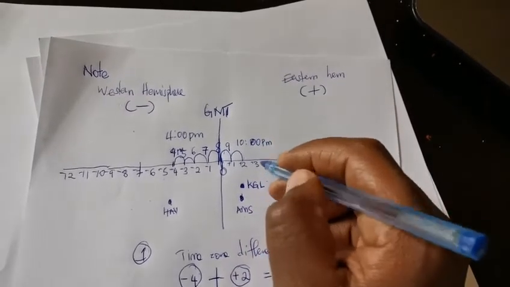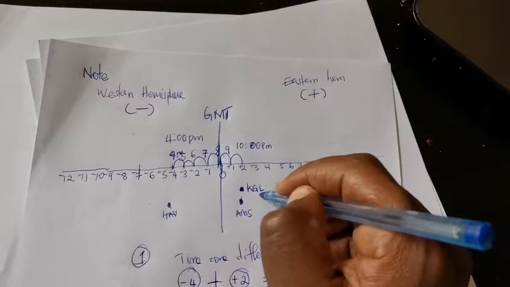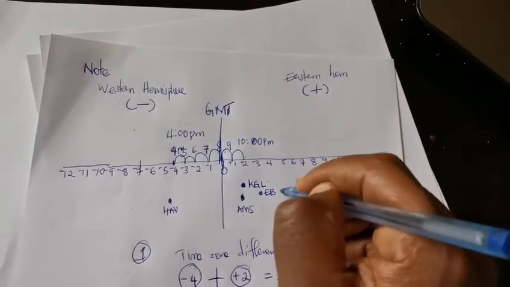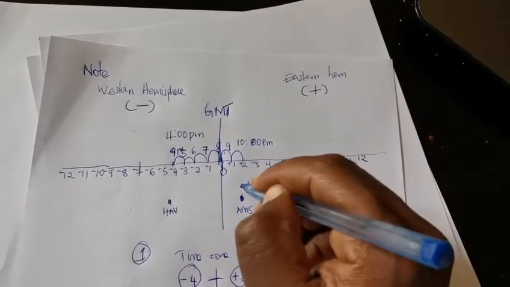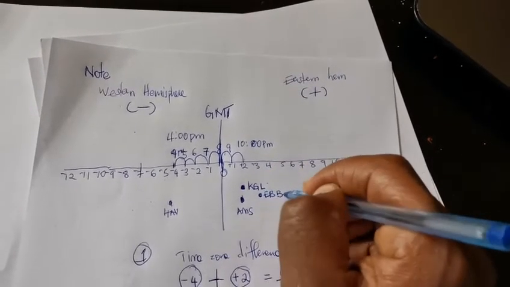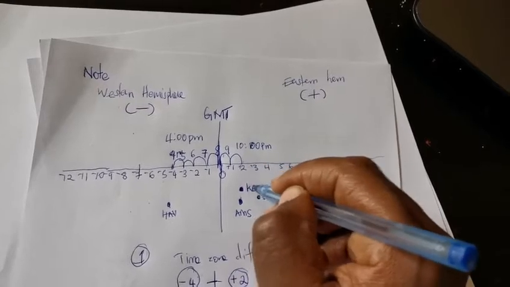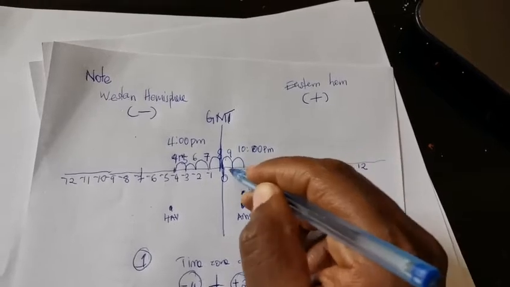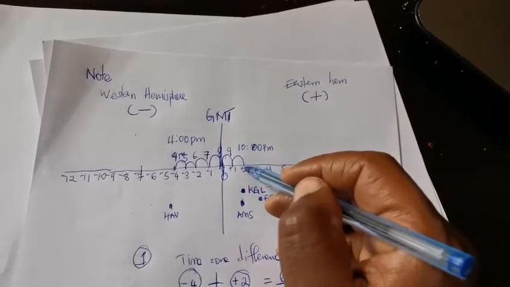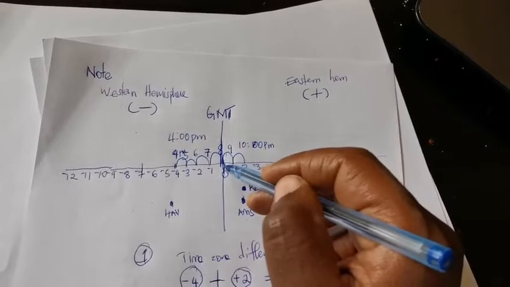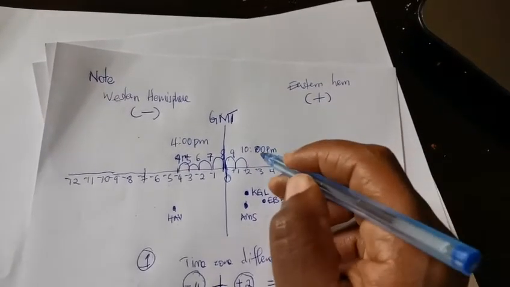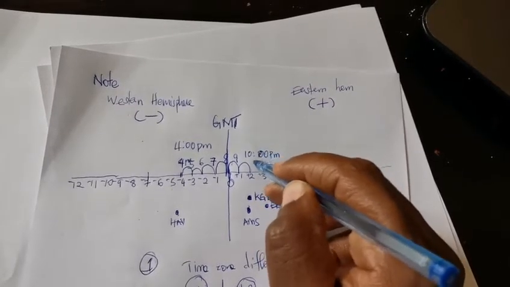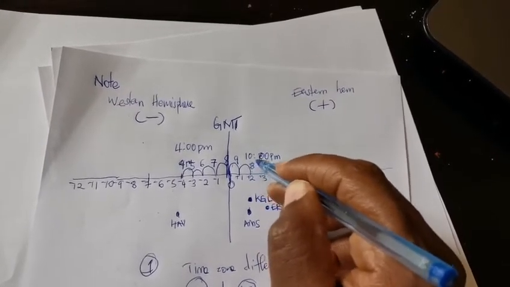The one for EBB is +3, meaning that EBB is ahead of KGL, since its time zone is +3 from GMT and Rwanda is +2 from GMT.